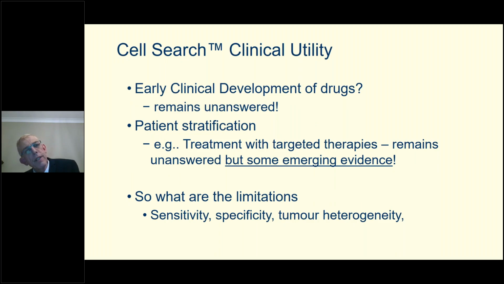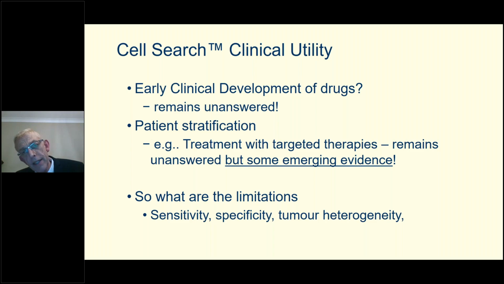Taking the clinical utility aspect a bit further, can we use this type of data from CellSearch to perhaps evaluate for early clinical development of drugs? I think we need more data there. Can we use CTC cells on the basis of CellSearch for patient stratification, for example, treatment with targeted therapies?